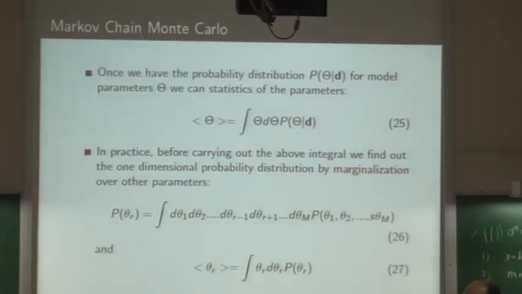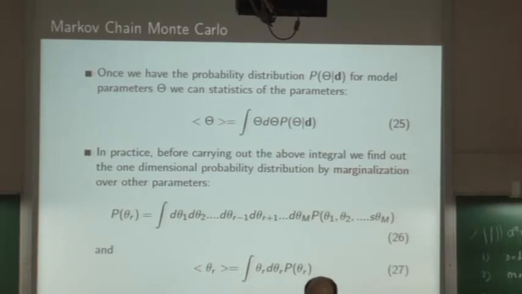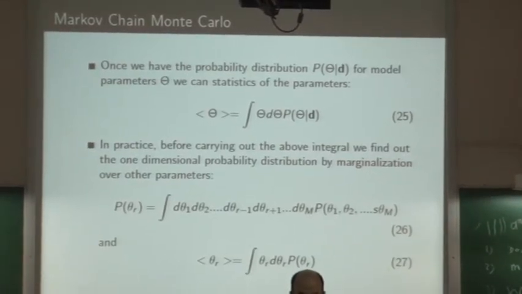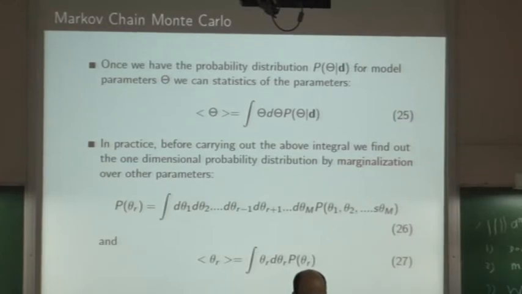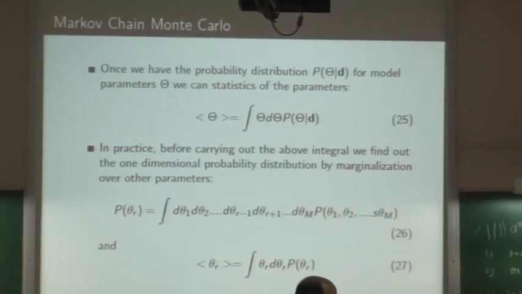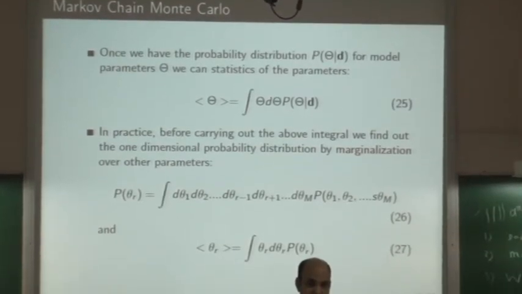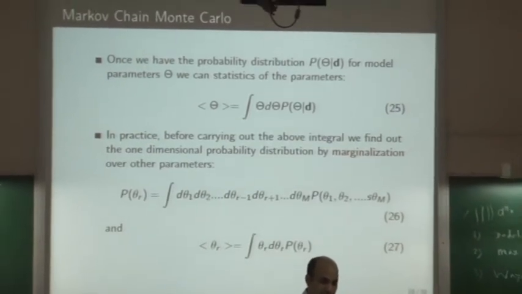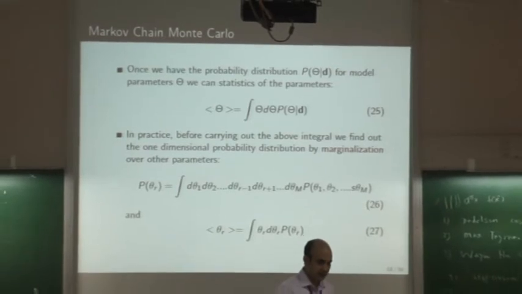Before I go on to the simplification of this integration, there is something called marginalization. We have a probability distribution for the entire parameter vector, a multi-dimensional probability distribution. But what we are interested in is one-dimensional probability distributions, so that we can compute individual mean and variance for every parameter.